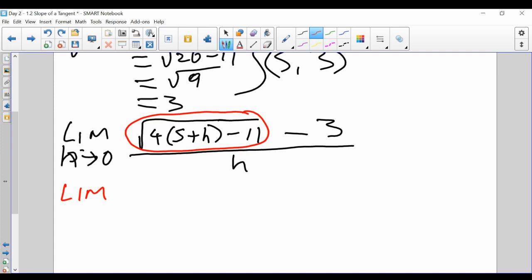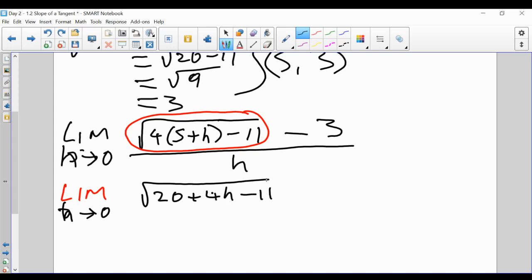The limit as h approaches 0 of the square root of 20 plus 4h minus 11, minus 3, over h. So 20, 4 times 5, 20, 4 times h, 4h, minus 11, over h.